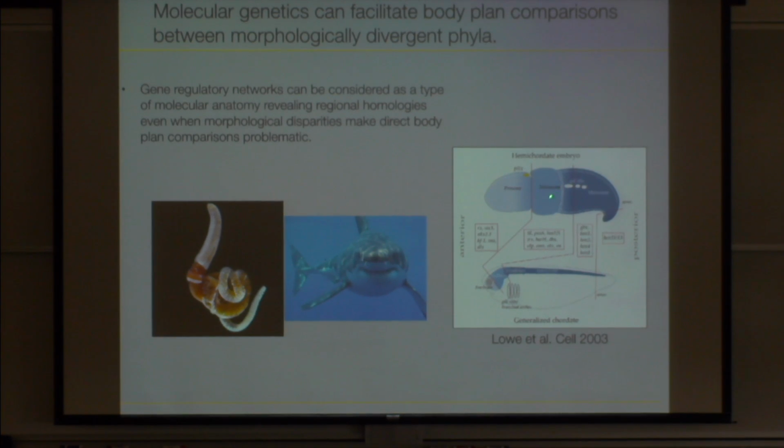If I'm going to find some morphological homology between somewhere in the collar and somewhere in the midbrain, then we have to compare these two regions of the animal. We can't compare the proboscis to the midbrain. We can't compare the trunk to the midbrain. We use these maps as a way of digging deeper into the morphological comparisons of the different animal groups.